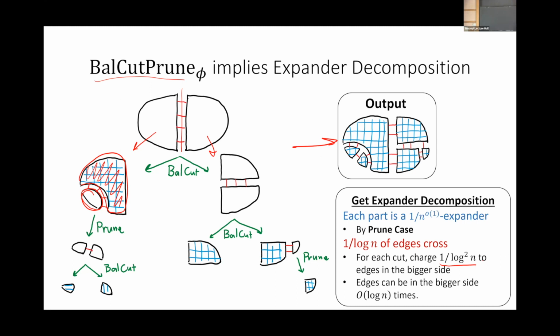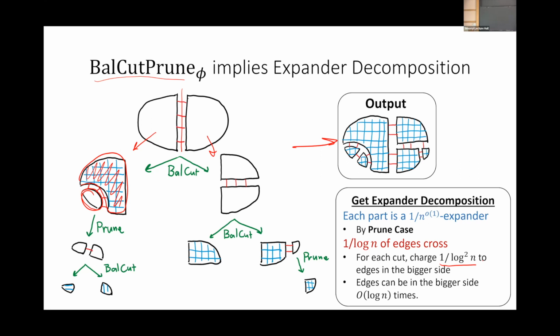At most log n times, because you either get a balanced cut, or if you get a prune case, you even finish. So each edge can stay on the bigger side log n times. And now in the balanced case, you get a 1 over log squared sparse cut. So you can charge a 1 over log squared to the bigger side.